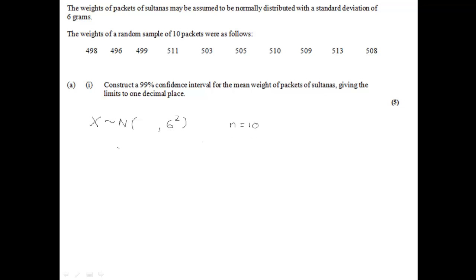If we add all our x values up, we get a total of 5,052. If we then divide that by 10, so the mean equals 5,052 divided by 10, which is obviously 505.2.